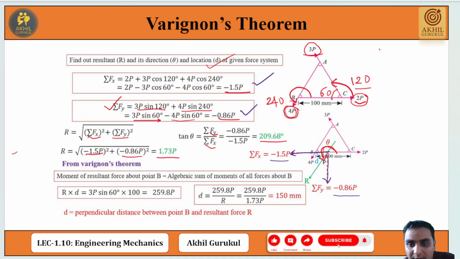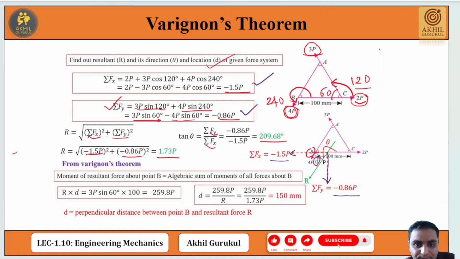And then we have to calculate the position of the resultant. We have to draw a perpendicular from B on the line of action of the resultant R. So its distance is D. The moment of the resultant about B must be equal to the moment of all forces about the point.